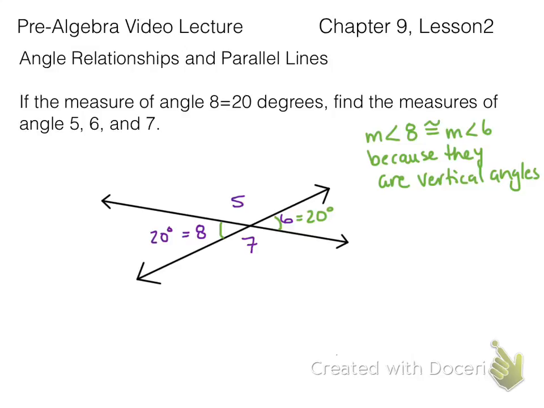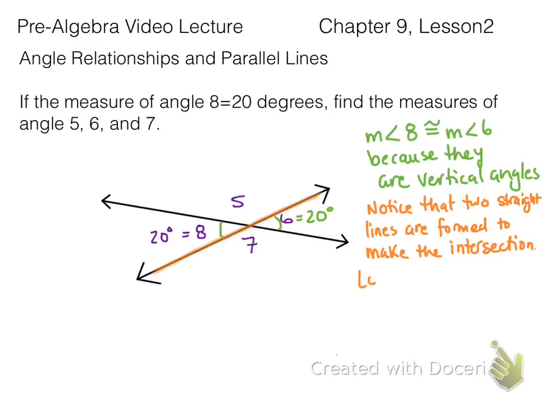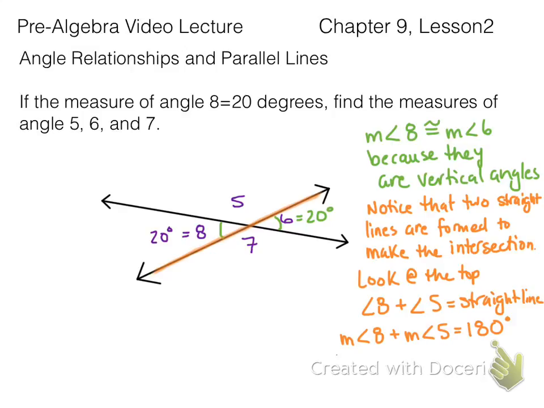Now we need to figure out what angle 5 and 7 are. Well, we know that when we put the measure of angle 8 and the measure of angle 5 together, we get a straight line. A straight line is formed by the intersecting of these two lines, which means the measure of angle 8 plus the measure of angle 5 is a straight line. And we know that a straight line is exactly 180 degrees.